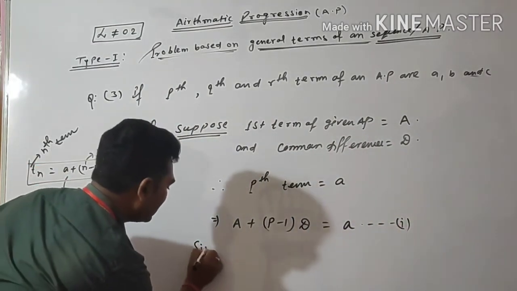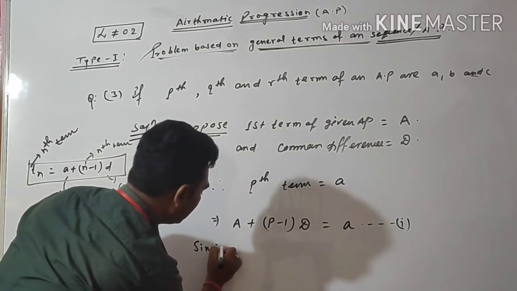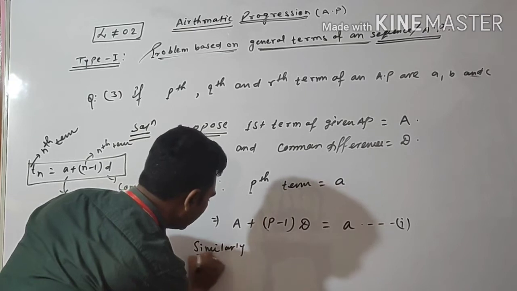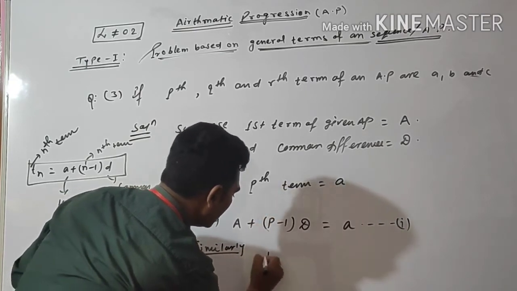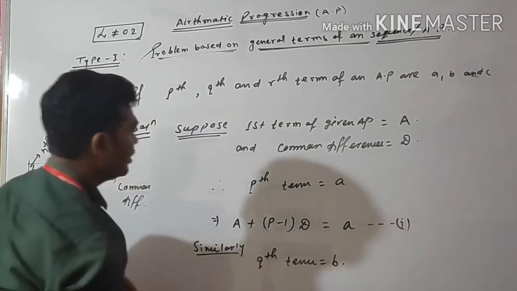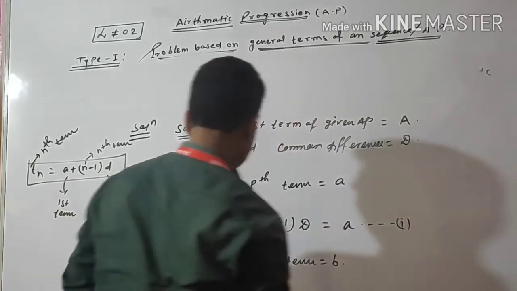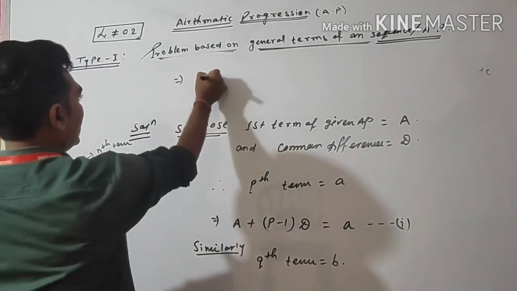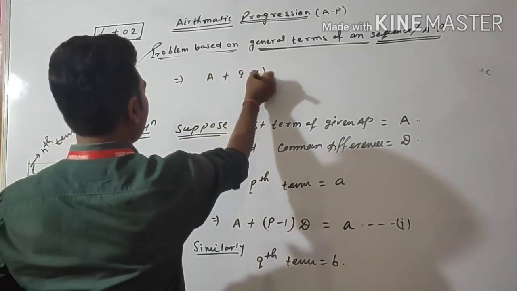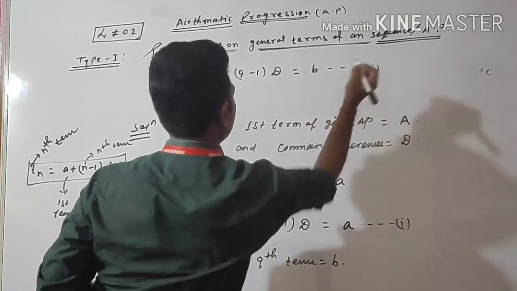Then similarly we can easily write: the qth term is equal to b. Further we write the qth term is equal to A plus q minus 1 into D equal to b. Equation number 2.